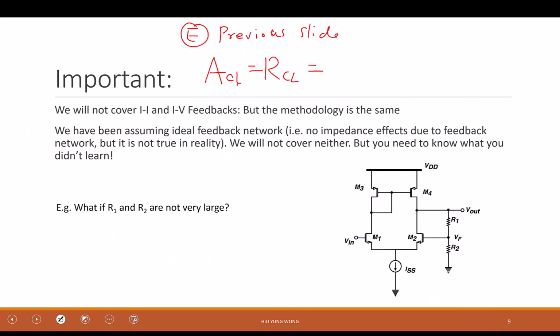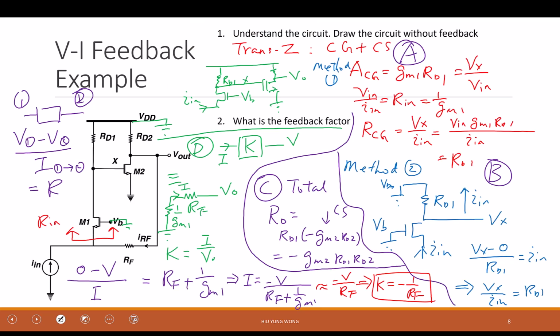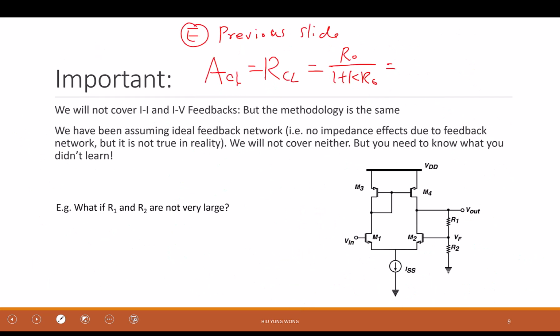Okay. You say it's A divided by 1 plus K A. Right? Let's do it carefully. What is A in this case? Are you able to find it? Very messy. Negative GM2, RD1, RD2, right? The total forward gain, right? So let me write it here.